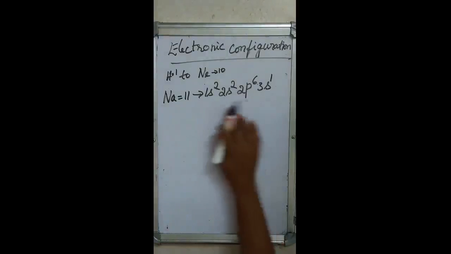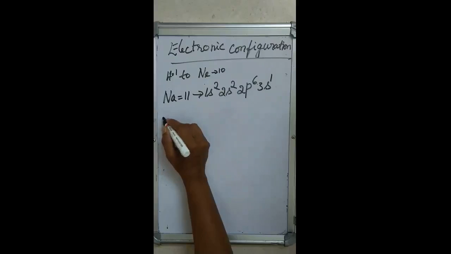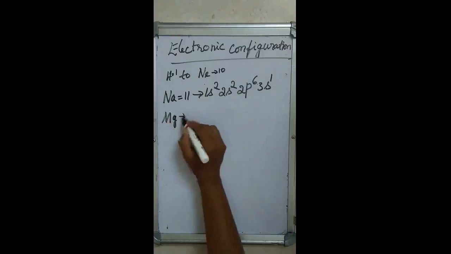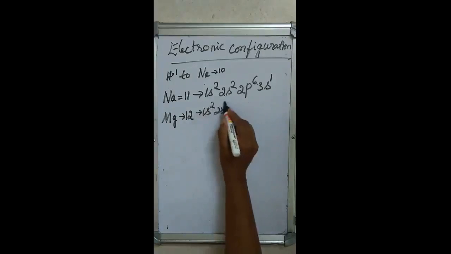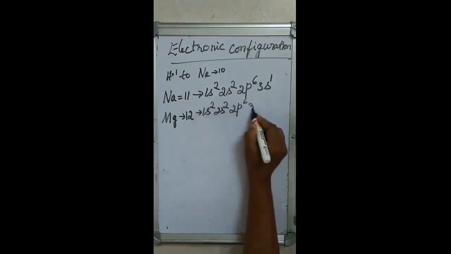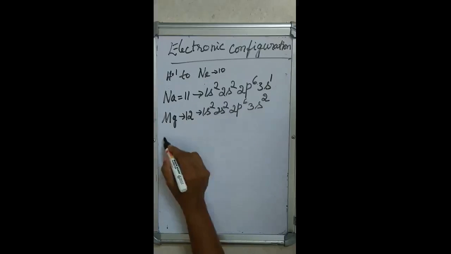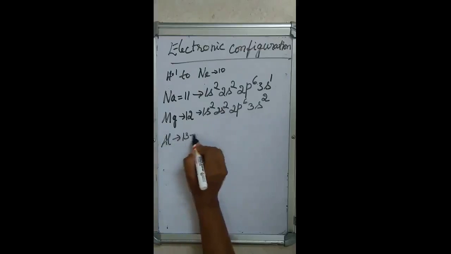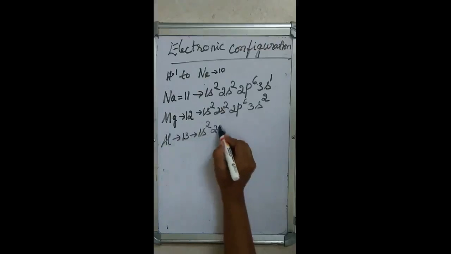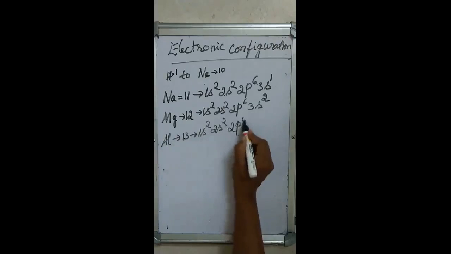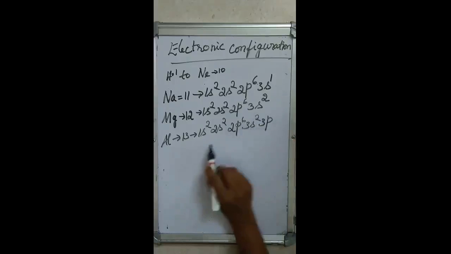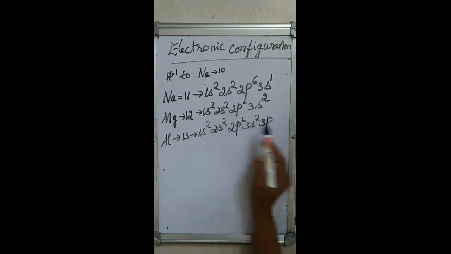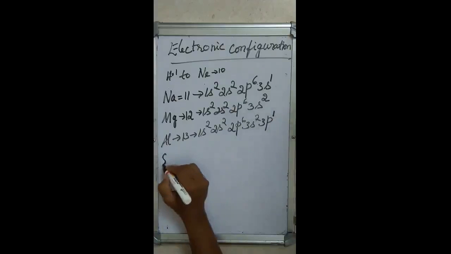Now after sodium it is magnesium, atomic number 12: 1s2, 2s2, 2p6, 3s2. Aluminium, atomic number 13: 1s2, 2s2, 2p6, 3s2, next it is 3p1.